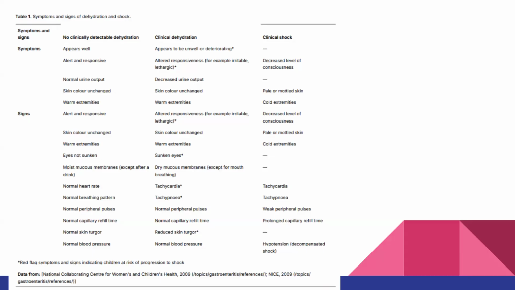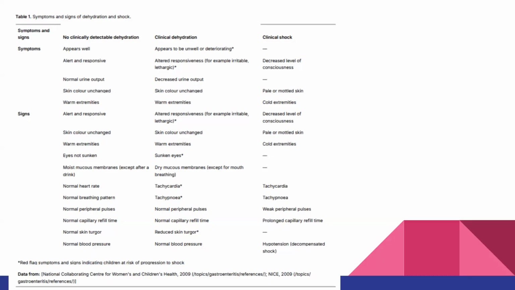So these are from the gastroenteritis guidelines. Gastroenteritis does come up, it's just a common precipitant of dehydration. And if you spend any time in Peds A&E, you probably will see someone with gastroenteritis or some kind of bug. And with those children, you just want to make sure that they're hydrated.